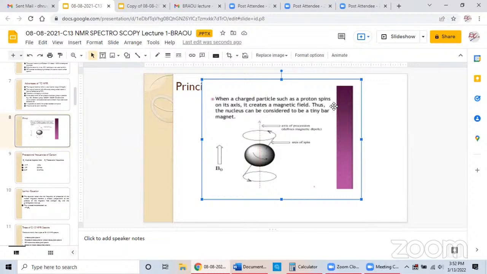So when two energy states are created, there is a possibility of absorption, absorption of radio frequency from the electromagnetic radiation which we supply for the NMR spectrum. So in NMR you have a magnetic nucleus, an applied magnetic field, and radio frequency which supplies the energy to excite the nuclei from the low energy state to the higher energy state.